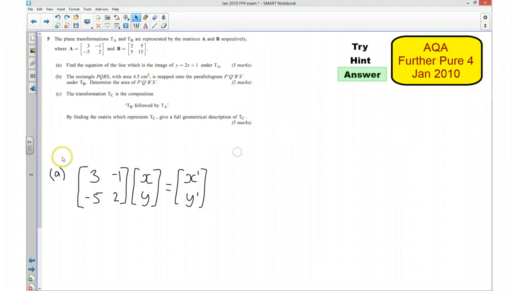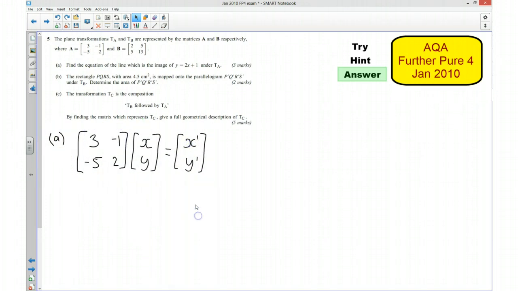Okay, and I started part A over here because I've written down some information already, and I know that I'm going to multiply this point by this matrix here to give me a new point. But I know that there's a relationship between the x and the y of this point, so I'm now going to put that relationship in.